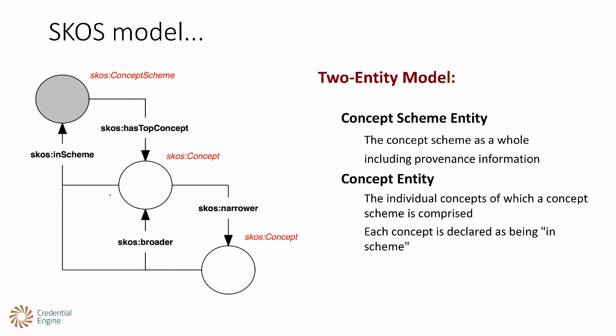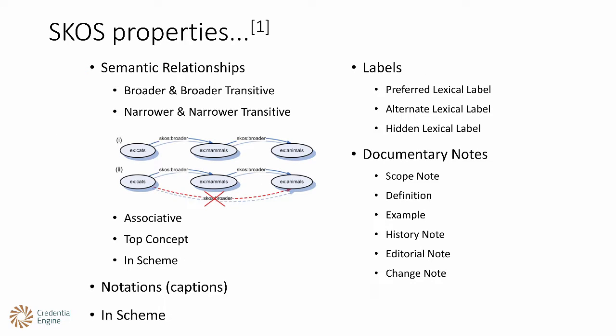So broader, narrower. Don't worry about broader transitive, narrower transitive. It's probably the most complex concept in SKOS. And if this doesn't make any sense to you, just let it go right over your head. Doesn't really matter. If we look at this diagram, we see that cats has broader mammals.